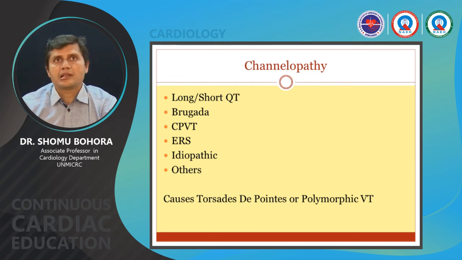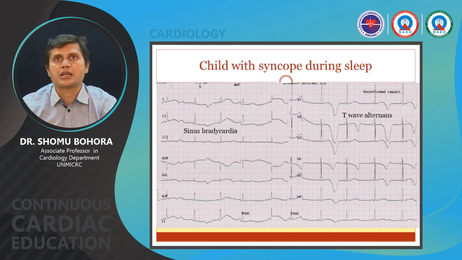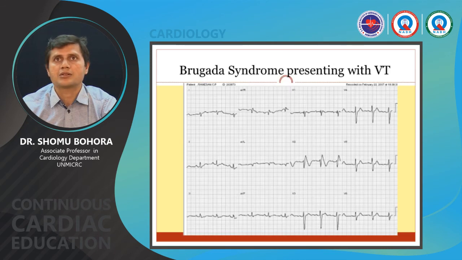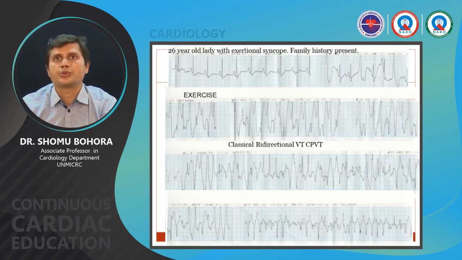Lastly, channelopathies like long QT, Brugada, CPVT, early repolarization syndrome, they have typical ECG on sinus rhythm like sinus bradycardia, QT long and T-wave alternans in long QT syndrome, or a QT short with atrial fibrillation and ventricular arrhythmia in baseline sinus rhythm ECG, or a Brugada showing ST elevation in V1, V2.